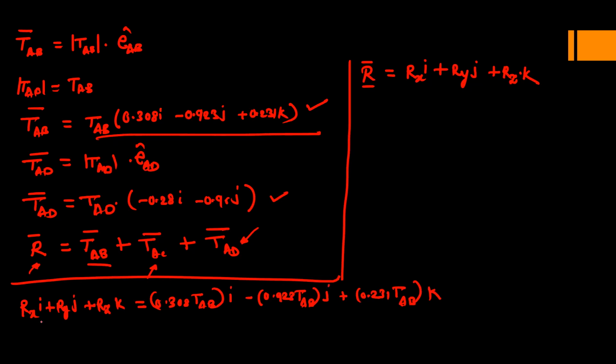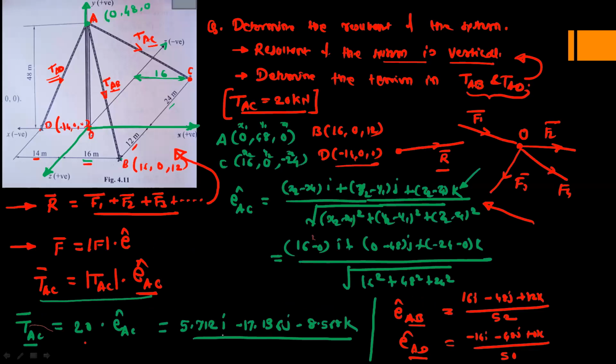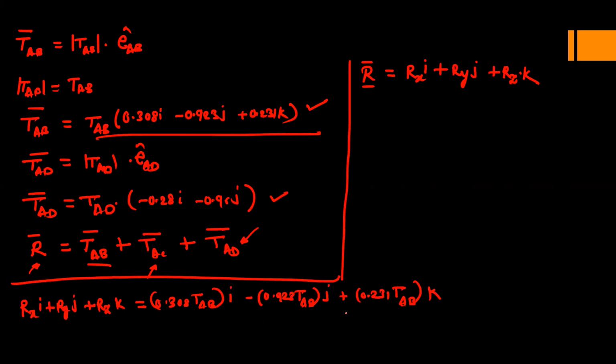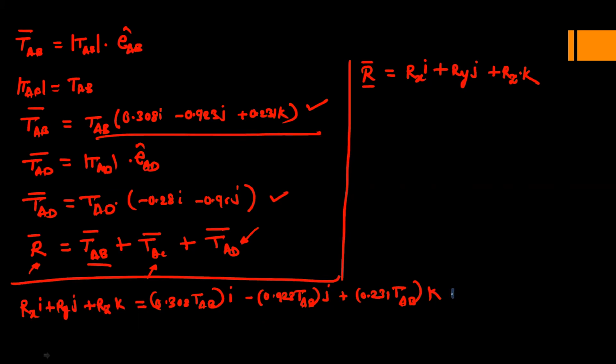Then tension AC: plus 5.712 unit vector i minus 17.136 unit vector j and minus 8.568 unit vector k.